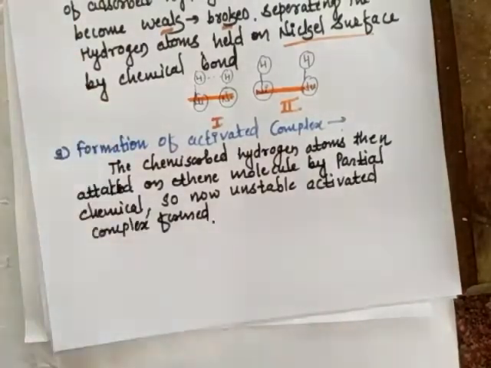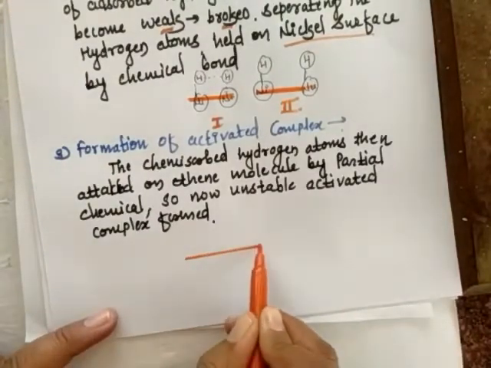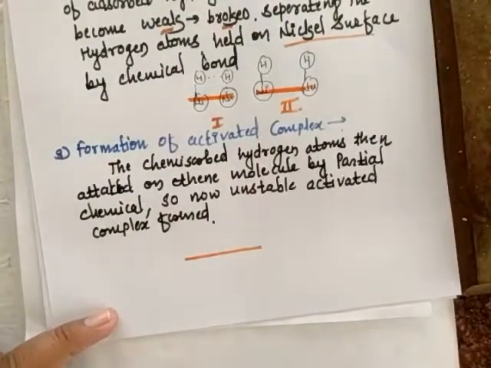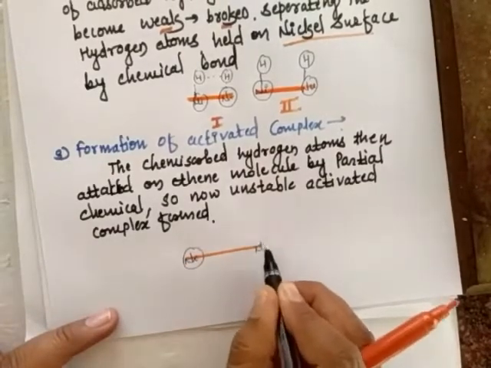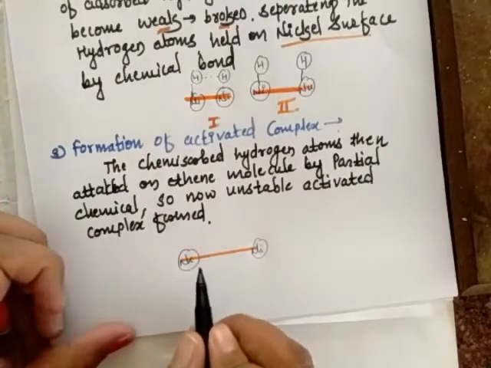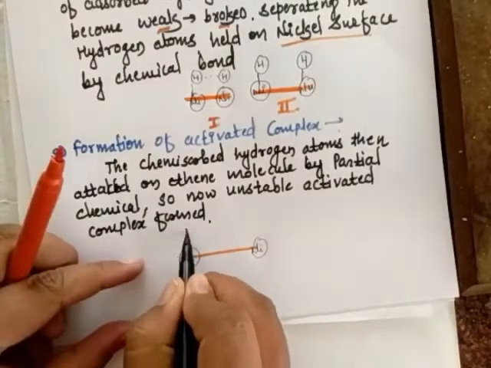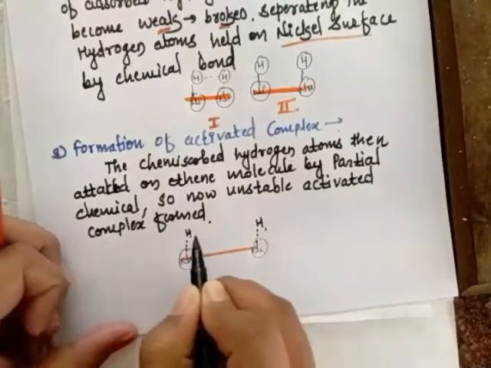So see what will happen here actually in step 3. This is our nickel surface, isn't it? This is our ethene molecule which is present on this nickel surface. In this, the activated hydrogen atom, the chemi-adsorbed hydrogen, is just present.